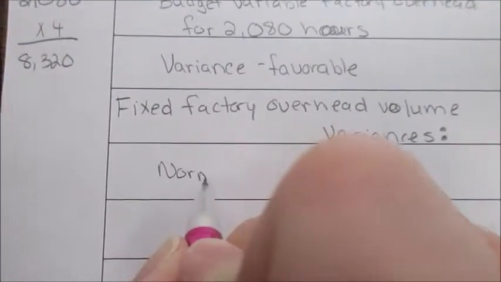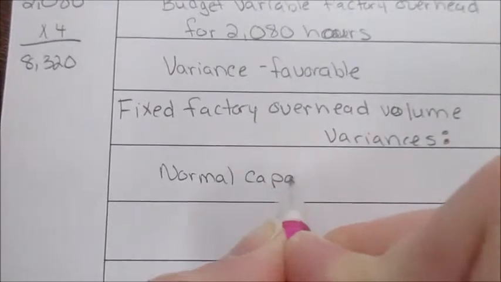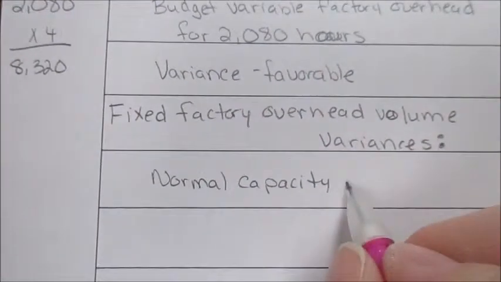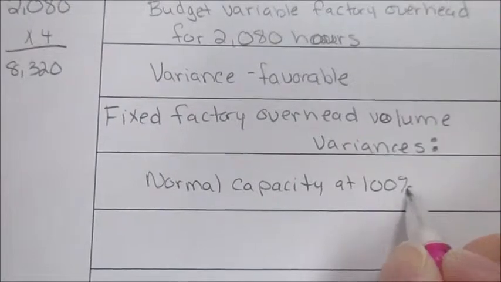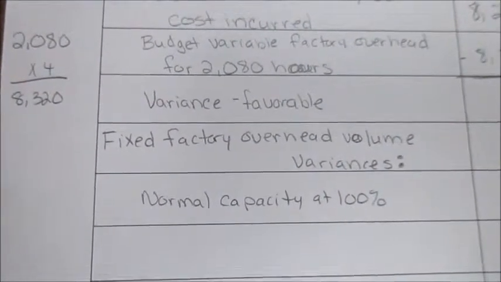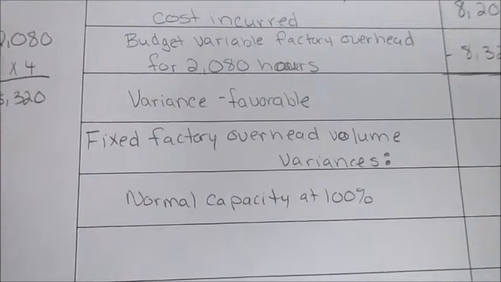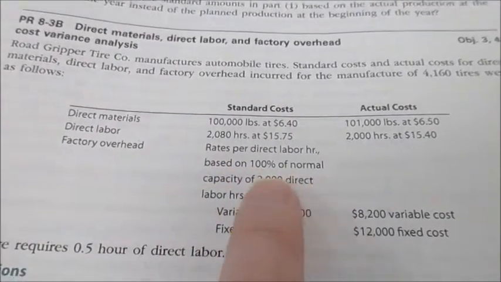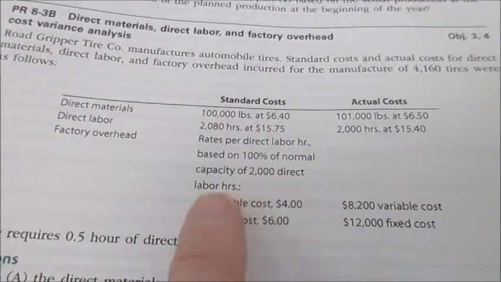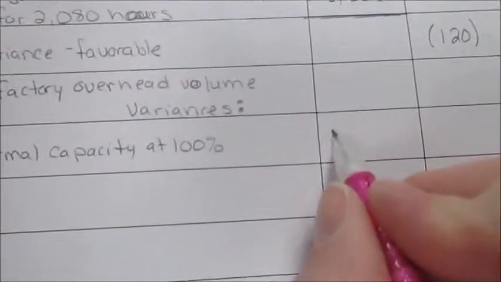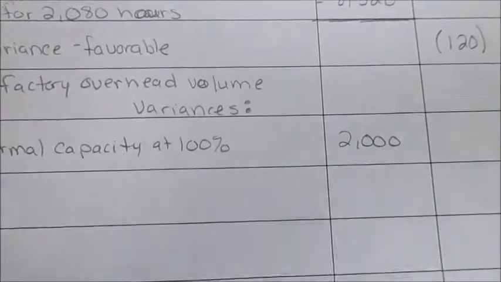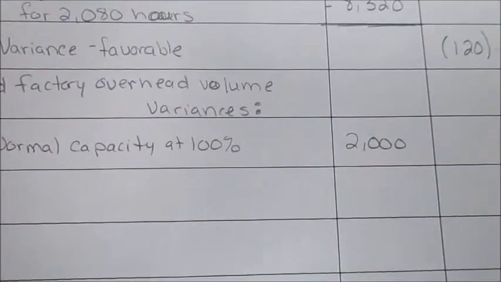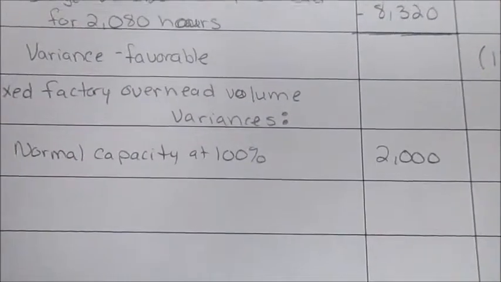So if we had a normal capacity at 100%, we want to know what our normal capacity at 100% was. Our textbook tells us that based on 100% of normal capacity of 2,000 direct labor hours. Okay, so 2,000 is our number we're looking at.